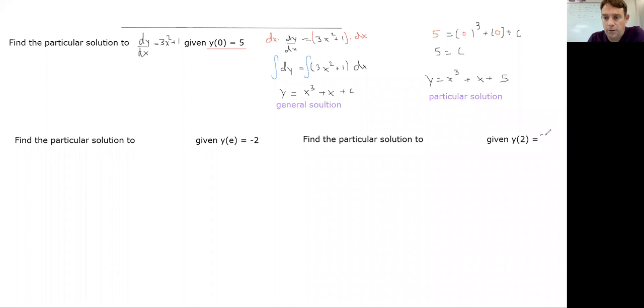What are the derivatives I'm going to give you? dy/dx equals 1 over x. And this one over here, dy/dx equals 1 over x squared plus 4.